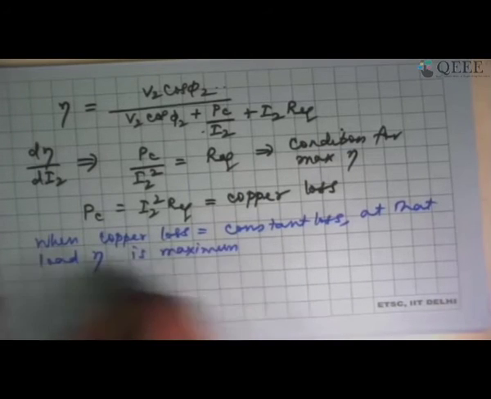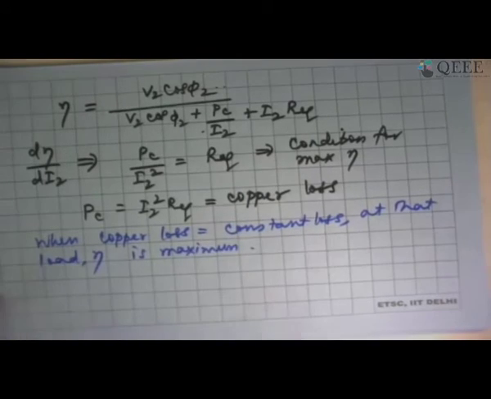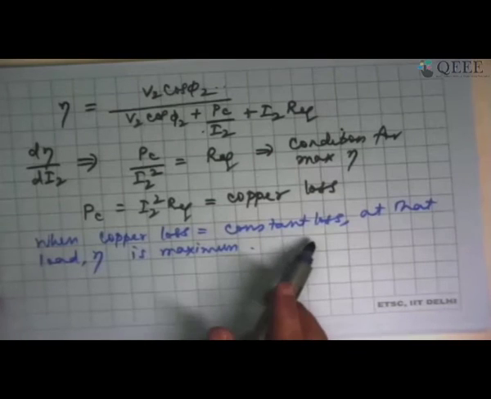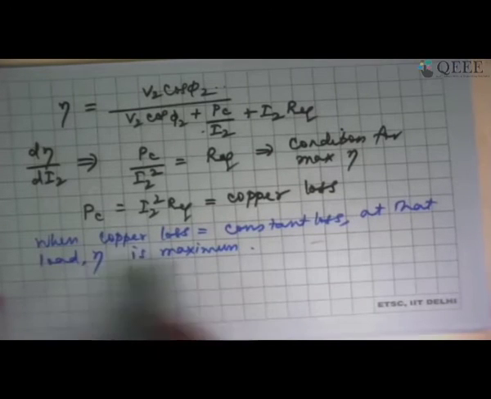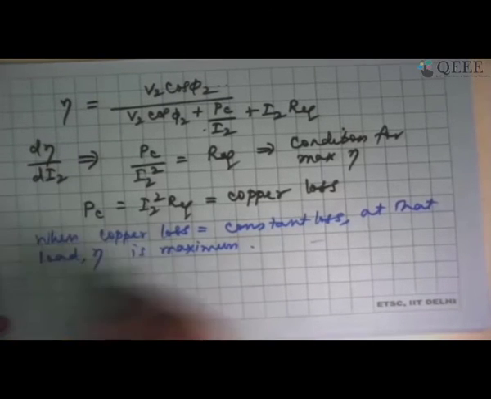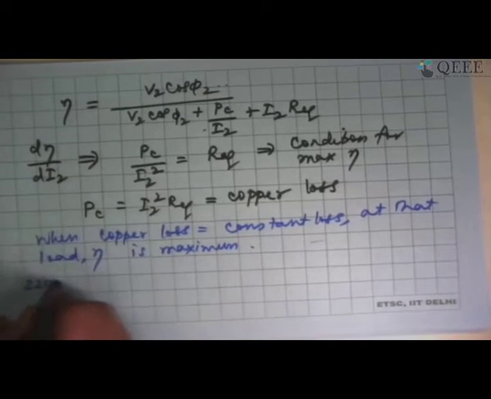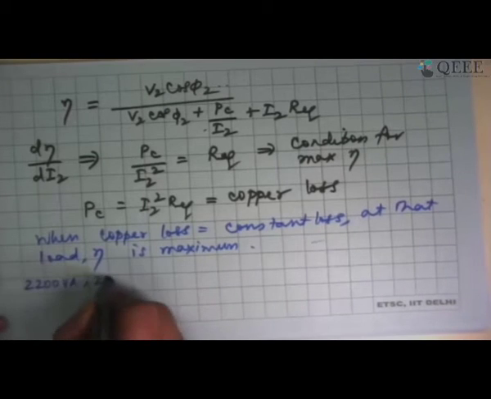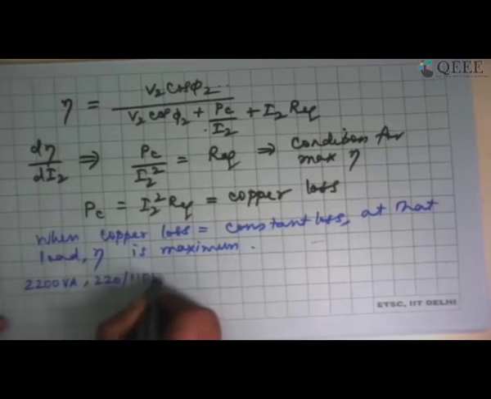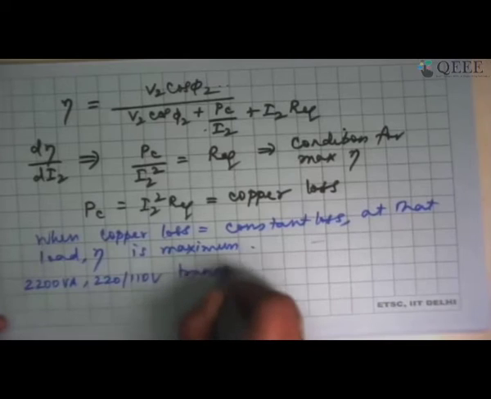Let's understand the gravity of this statement. When copper loss equals constant loss, the efficiency is going to be maximum at that load. Let's consider the same 2200 VA, 220 by 110 volts transformer we just looked at.